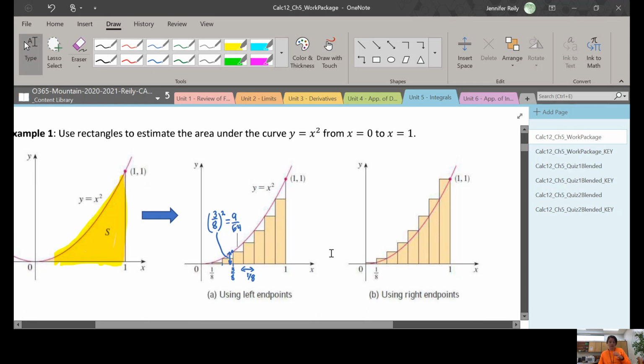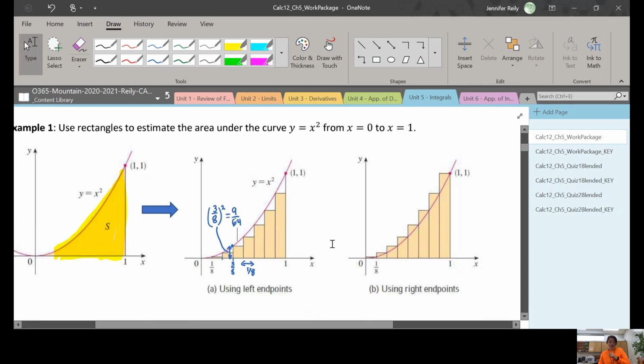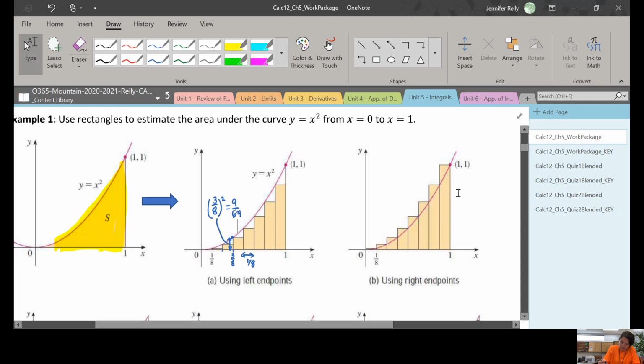So if we were going to write down a little formula for the area here, it would be 1 over 8. So we'd add up the width times the height. So the first one would be at 0 squared, because the height of that first rectangle, well, you can't even see it because it's 0.